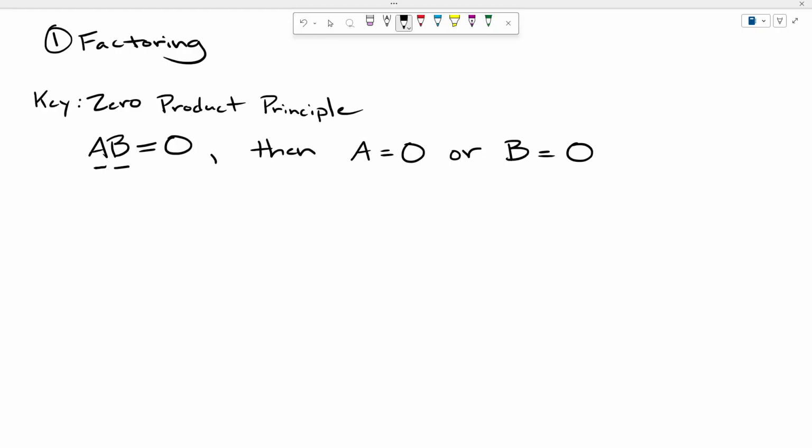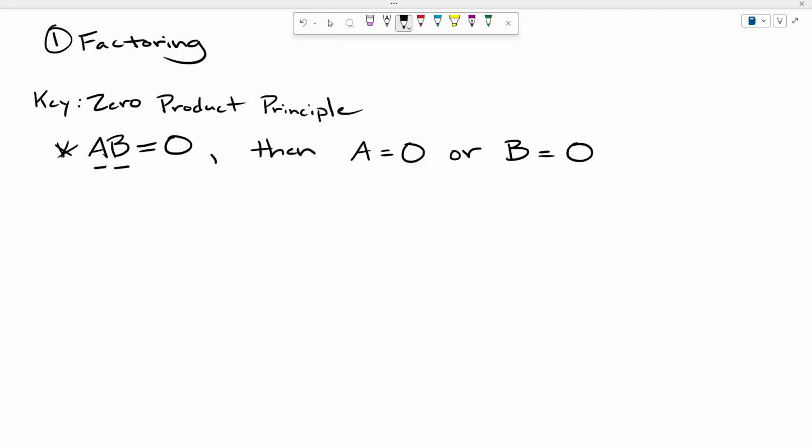All right? So in plain terms, this is what the zero product principle is telling us. If we have two algebraic expressions and the product is equal to 0, then at least one of the factors must be equal to 0.